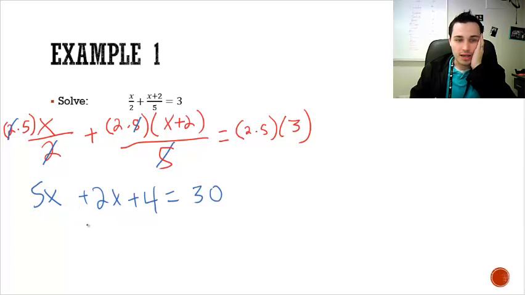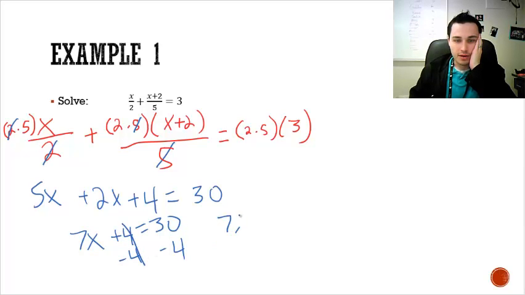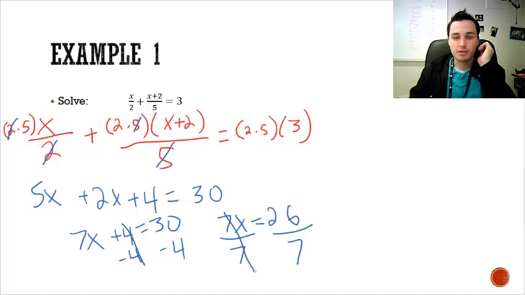Added together is 7x plus 4 equals 30. Subtract the 4. 7x equals 26. Then just divide by 7, and it looks like my answer is a fraction, but big whoop. So my answer is 26 over 7.